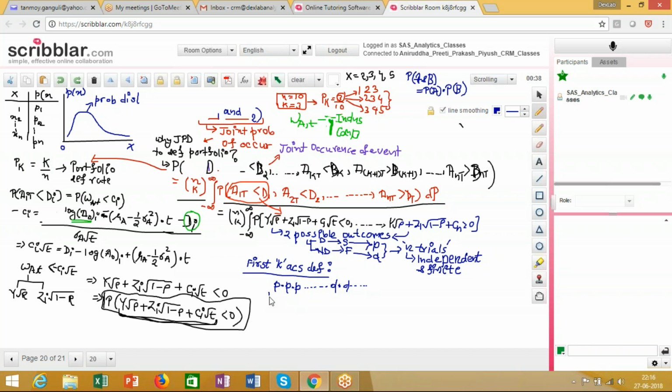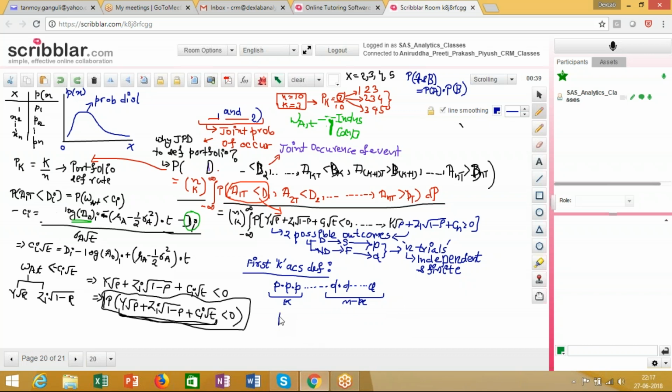So for the first k number of accounts, they default, and the remaining n minus k number of accounts are non-defaulters. So for the first k number of accounts, success occurs, and for the rest, failure occurs. So what is the probability of getting k number of successes in n number of trials?